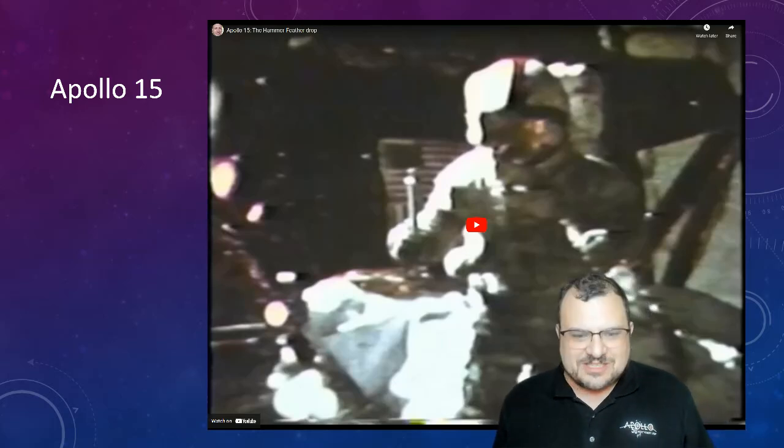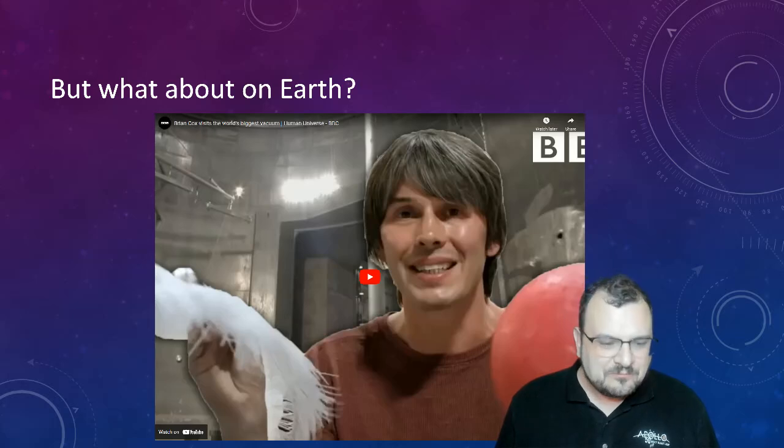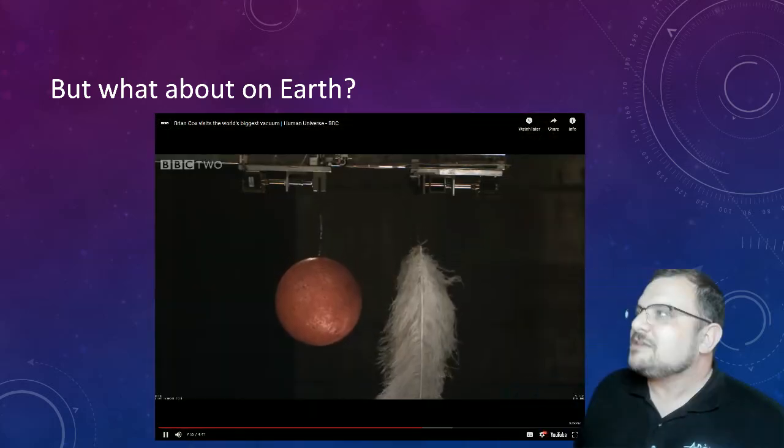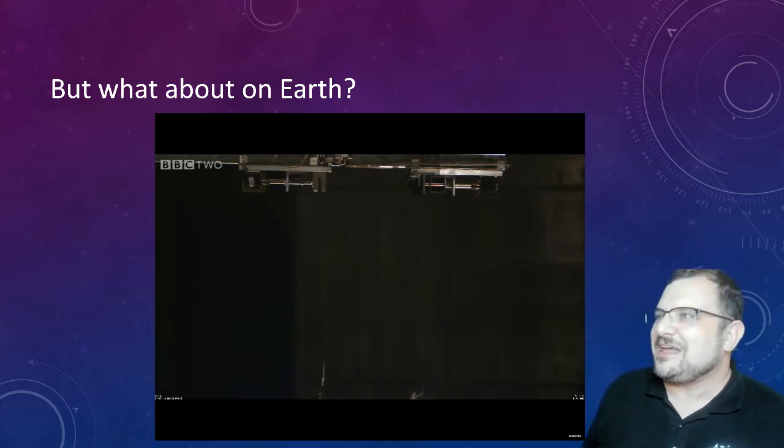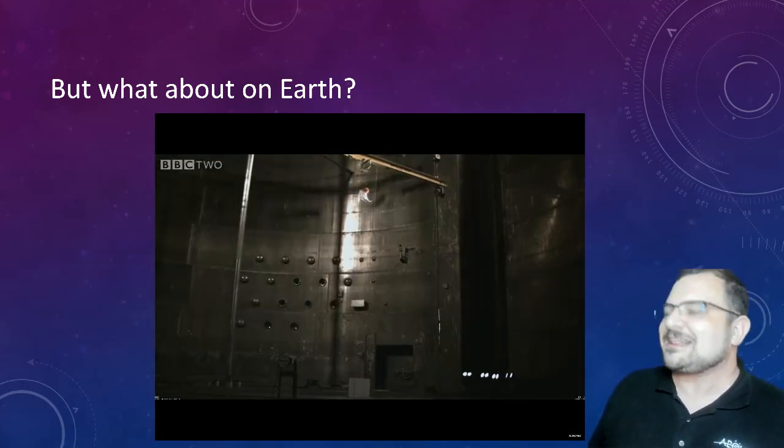We can do the same thing here on Earth, and that is exactly what Brian Cox did in this documentary about gravity. He took a bowling ball and feathers and put them in the biggest vacuum chamber here on Earth and let them drop. So right now it's in slow motion just to prove that, hey, they're falling at exactly the same rate.